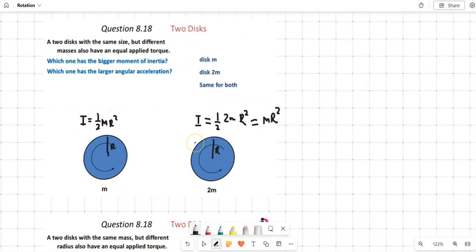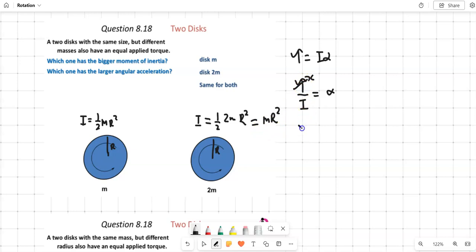Okay, comparing those two together, now we can actually talk about torque. Torque is equal to I alpha. Apply Newton's second law to torque and rotation, and you get this. Now if we divide both sides by moment of inertia, we have a relationship of moment of inertia and torque to alpha. Since both objects have the same applied torque, that's not something we really need to consider.